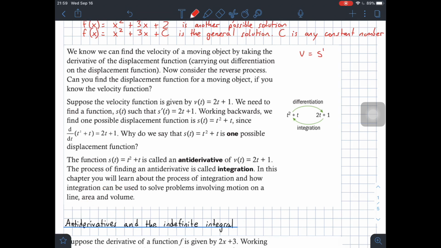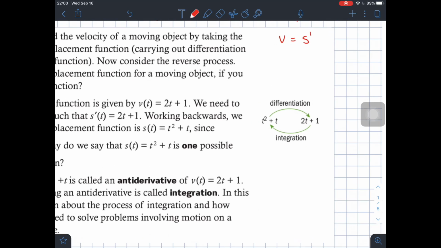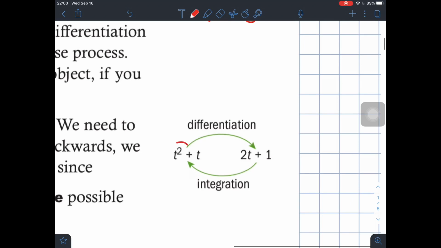Okay, so if you take a look at this, here we have a clear example of how this works. If we have a function which is t squared plus t, if we differentiate this, we're going to get 2t plus 1, right? And if we integrate this expression, we're going to get t squared plus t.